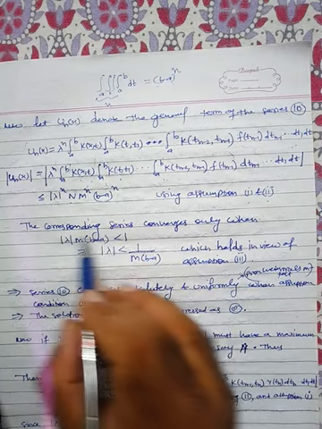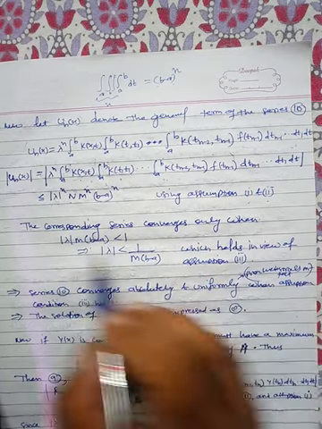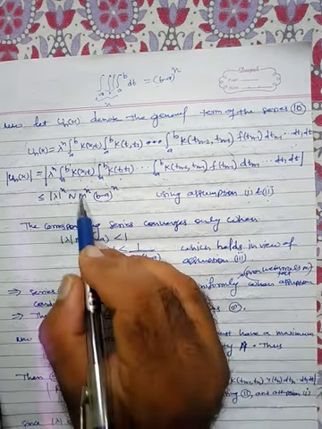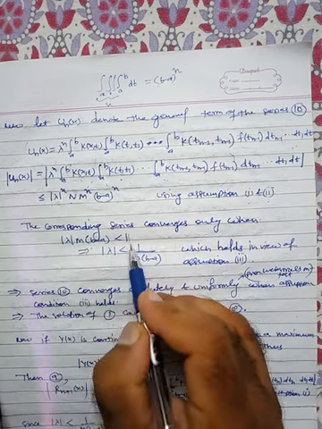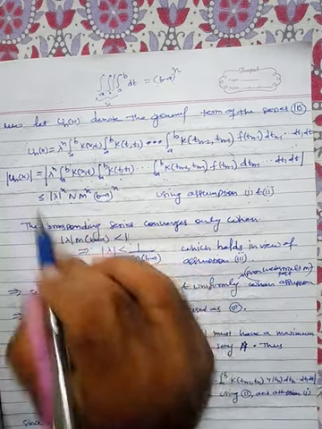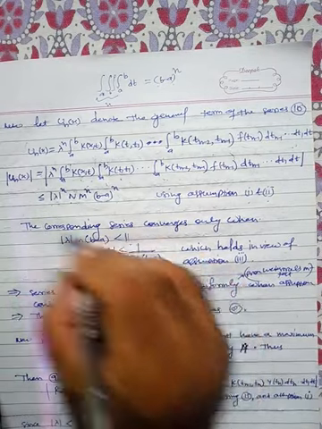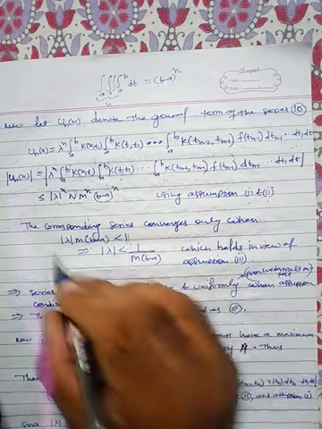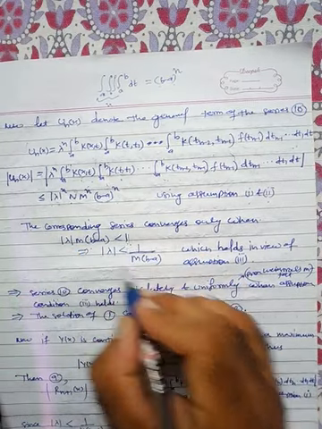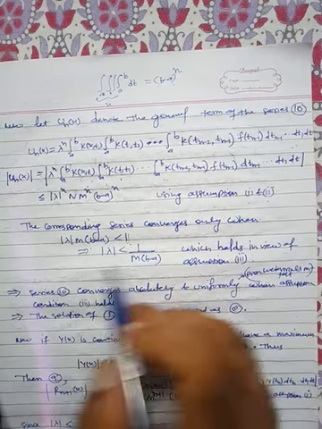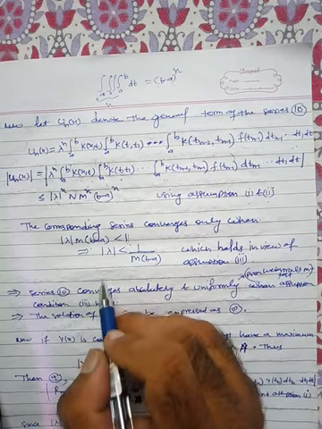So the corresponding series converges only when this ratio, magnitude of lambda into m into b minus a, is less than 1, because this is a geometric series, and it converges when the magnitude of the ratio is less than 1. So from here, magnitude of lambda is less than 1 by m into b minus a, which holds. Why? Because we have already taken assumption number 3.